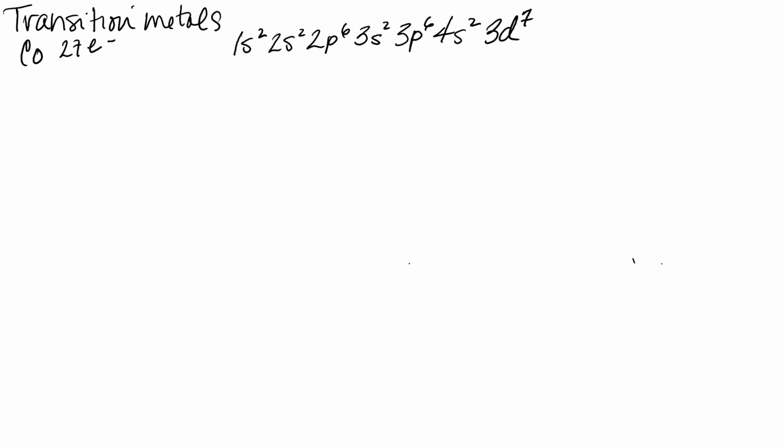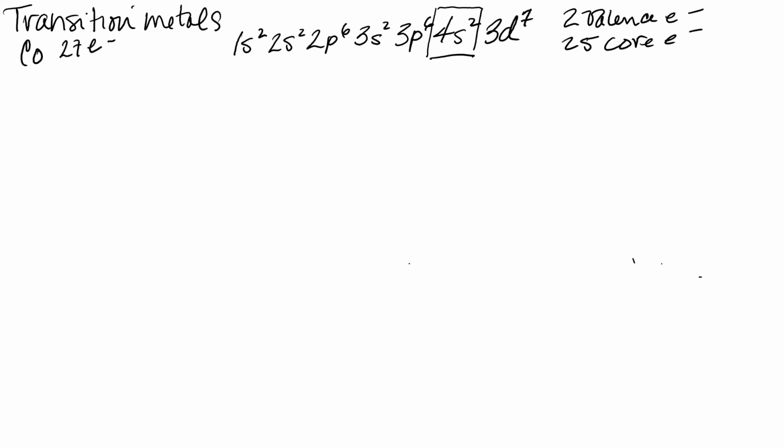So first, how many valence electrons does cobalt have? Highest n value only. So cobalt has 2 valence electrons. And if it has 2 valence electrons and a total number of electrons of 27, then it has 25 core electrons.